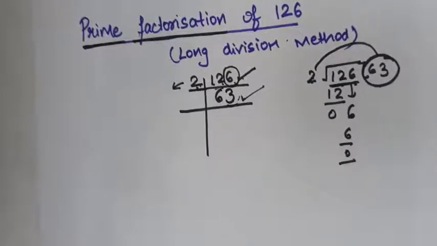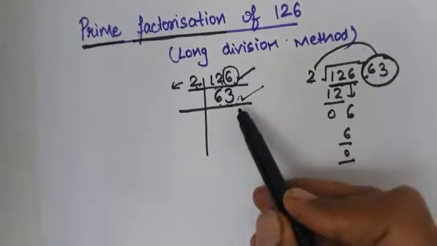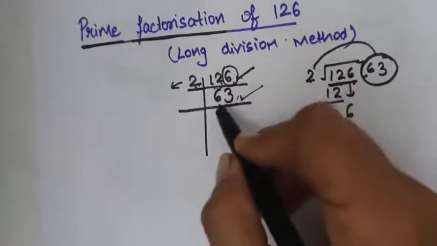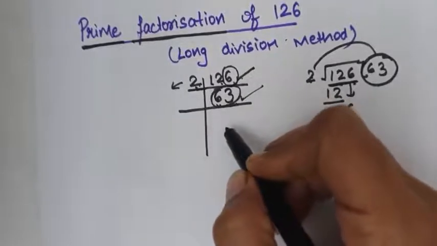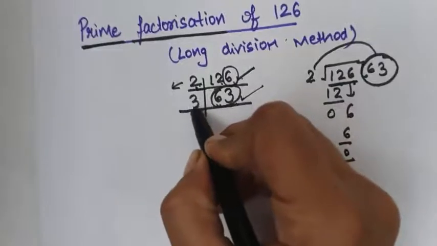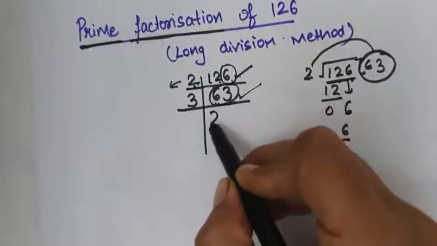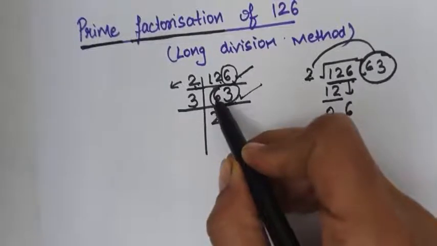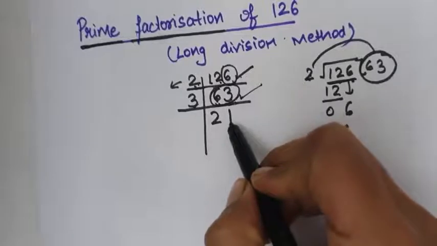We add the digits. 6 plus 3 is 9. 9 is divisible by 3. It means 63 will be divisible by 3. Let us do it directly. I will write 3 here. Now 3, 2 is 6. 3, 1 is 3. Clear?